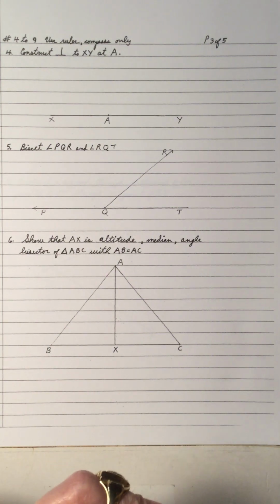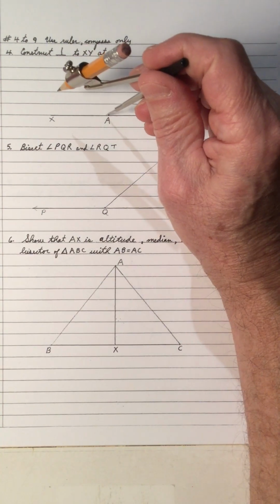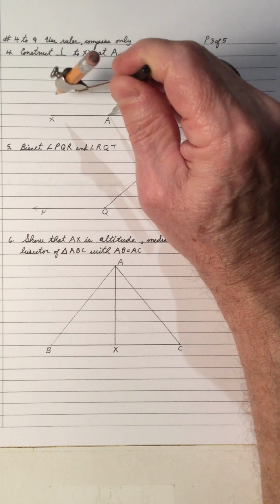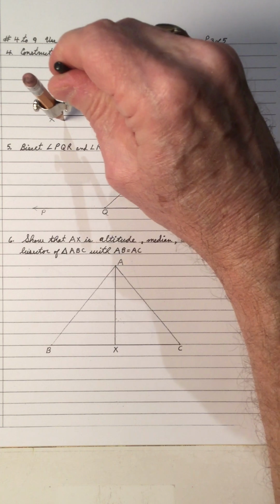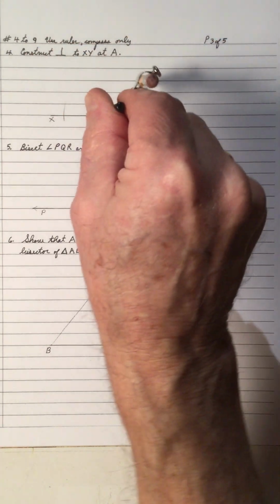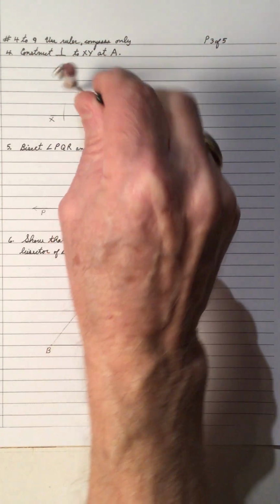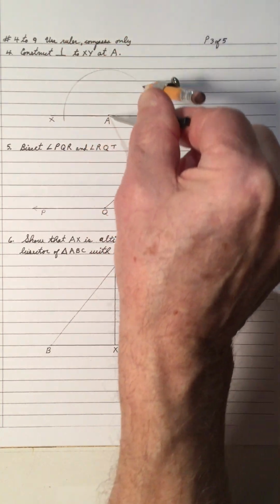So we take our compass, place it at A, and we'll cut XY at 2 locations. One is there. Now if I want, I can just do this, or I can go all the way around. It makes no difference.